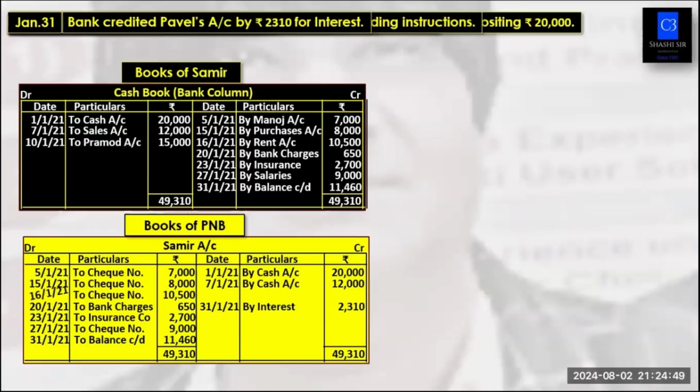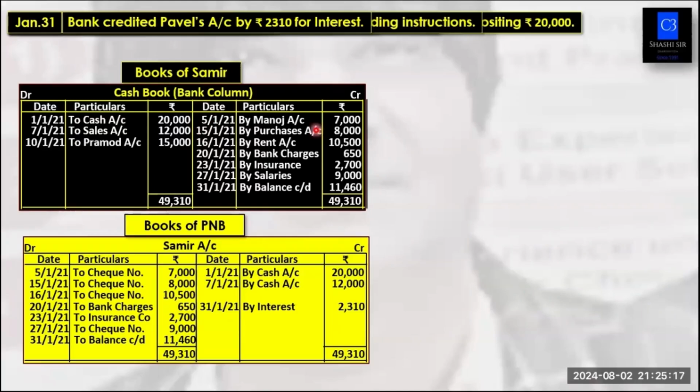Once again, look at this transaction. To check number, 10,500. This 10,500 was given for rent. And further, suppose that this check was given to someone, but that person kept the check with himself.